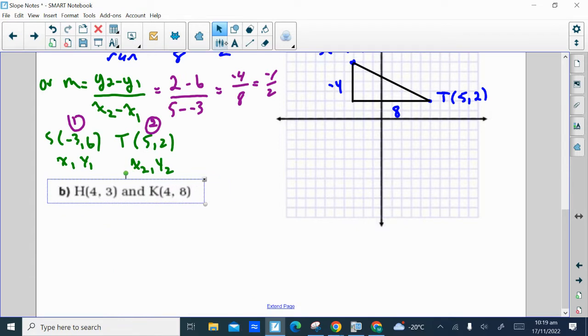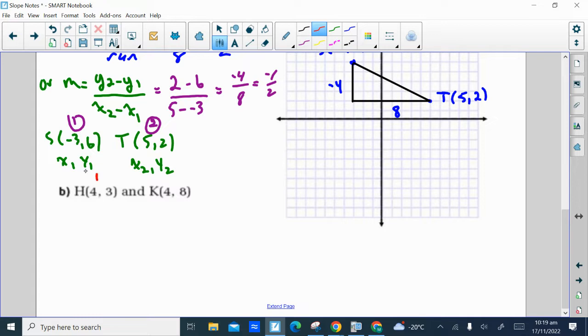Okay, so for this one here, if I say that H is point 1 and K is point 2, and again, I could have reversed these. I could say that K is point 1 and H is point 2. It doesn't matter. But because I've designated H as point 1, that gives me my values for x1 and y1. K is point 2, that gives me my values for x2 and y2.